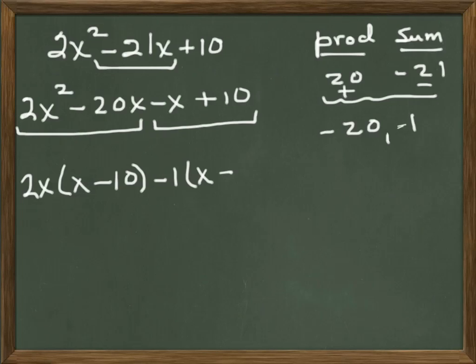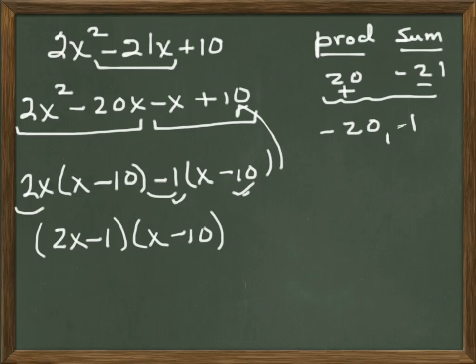And when I factor out a negative 1, I'm left with x minus 10, because negative 1 times negative 10, I'm back to my positive 10. So now I can put my factors together. I have 2x minus 1 and x minus 10.